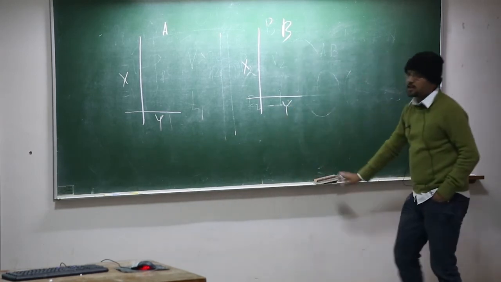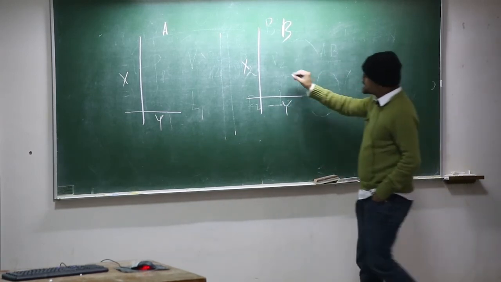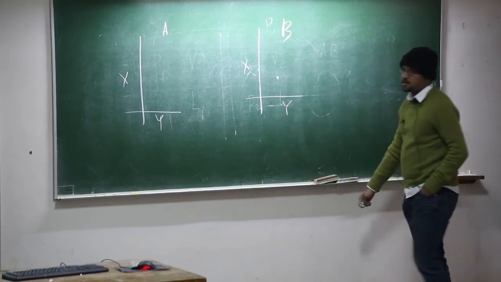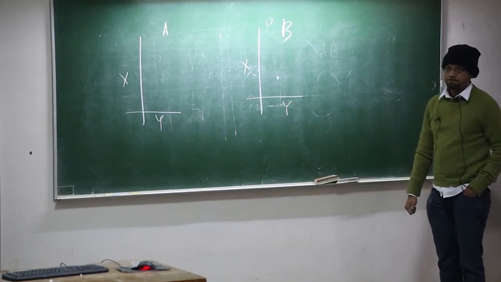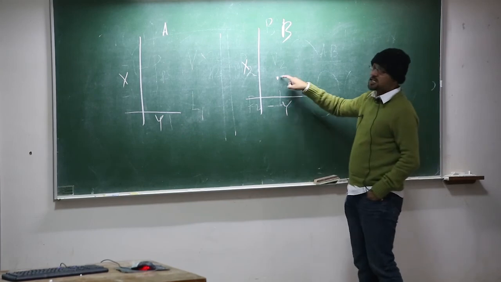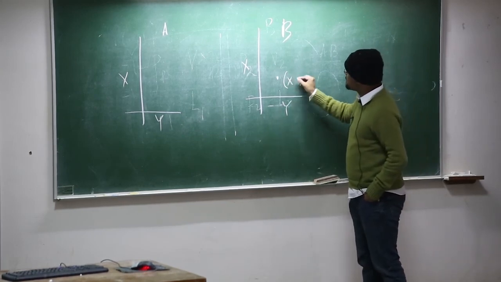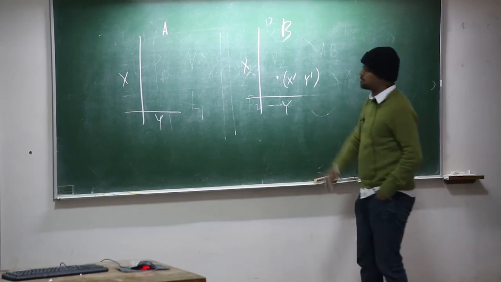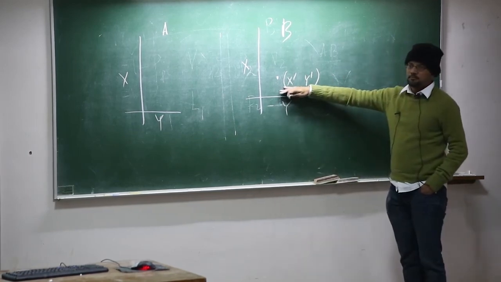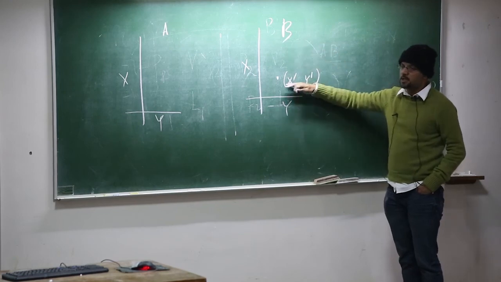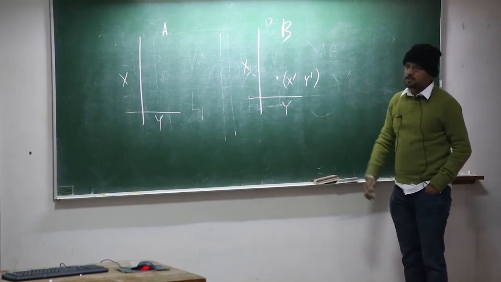The way to define an isotherm is as follows. I take an arbitrary state of the system B, which means a state in equilibrium which is defined completely by some values, say x prime, y prime. I fix this value. I choose this system to be in this equilibrium state.